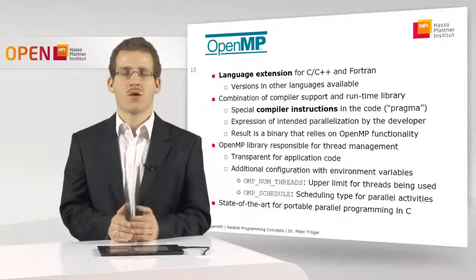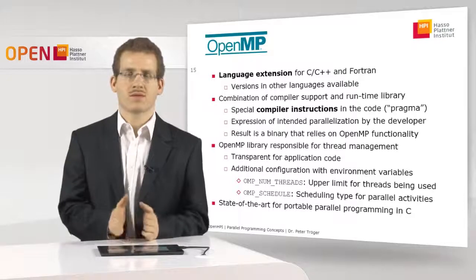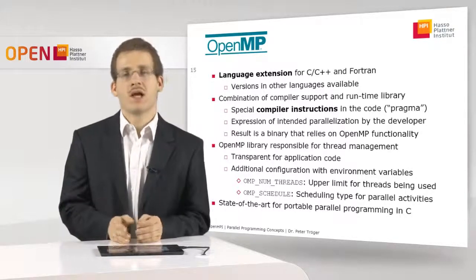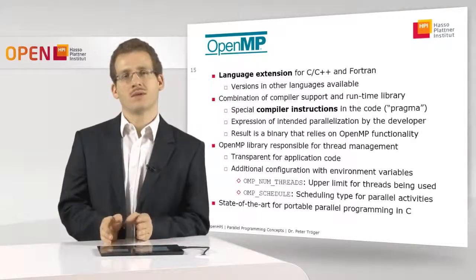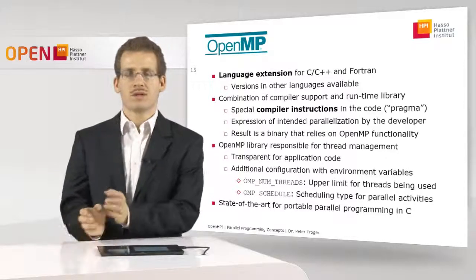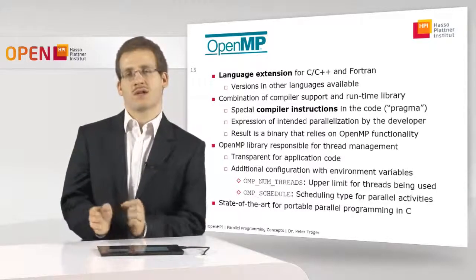This is given in all major compiler products today, so whatever your C compiler is, it already should have OpenMP support built in. And inside your C code, you give specific compiler instructions to the compiler to say, here is some kind of task I want to have.